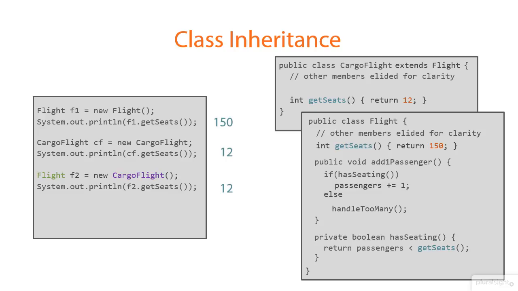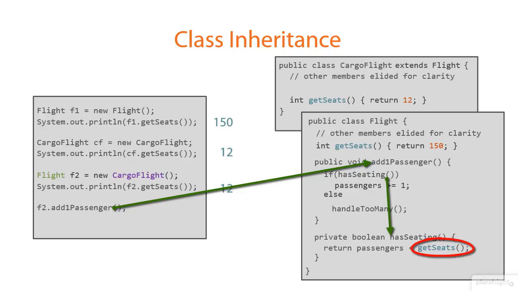And that's really important as we start to do further work. If I take my F2, a reference of type flight, and call add1passenger, it calls into the add1passenger method, which calls into hasSeating. When hasSeating calls getSeats, because the instance is of type cargo flight, the implementation of getSeats inside of CargoFlight is what gets called, returning the appropriate value of 12.